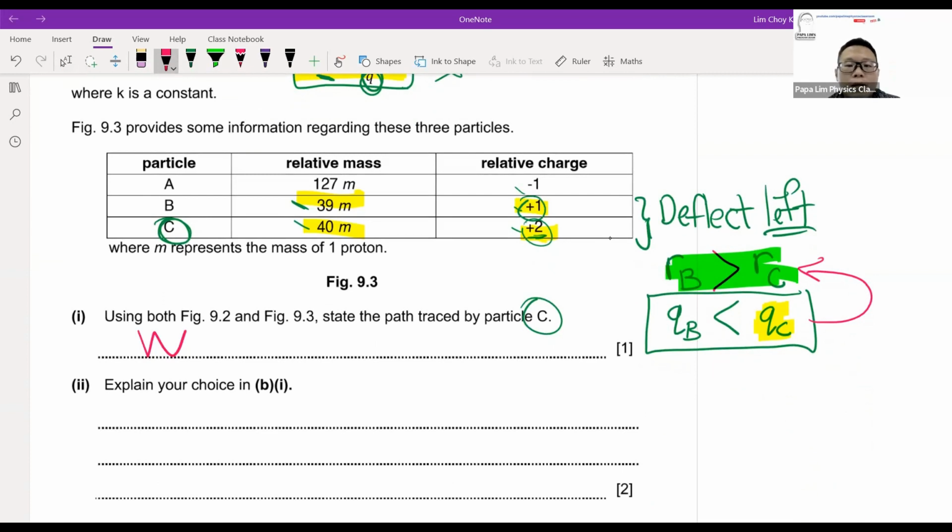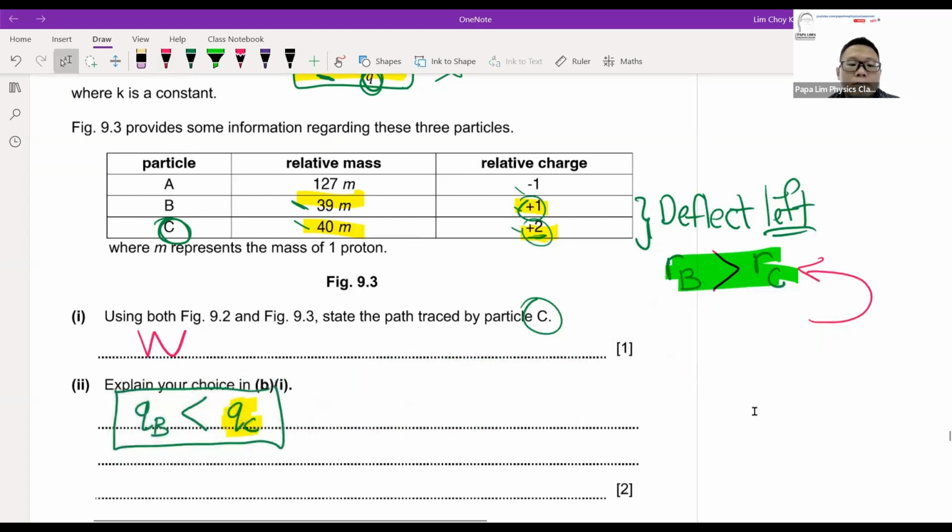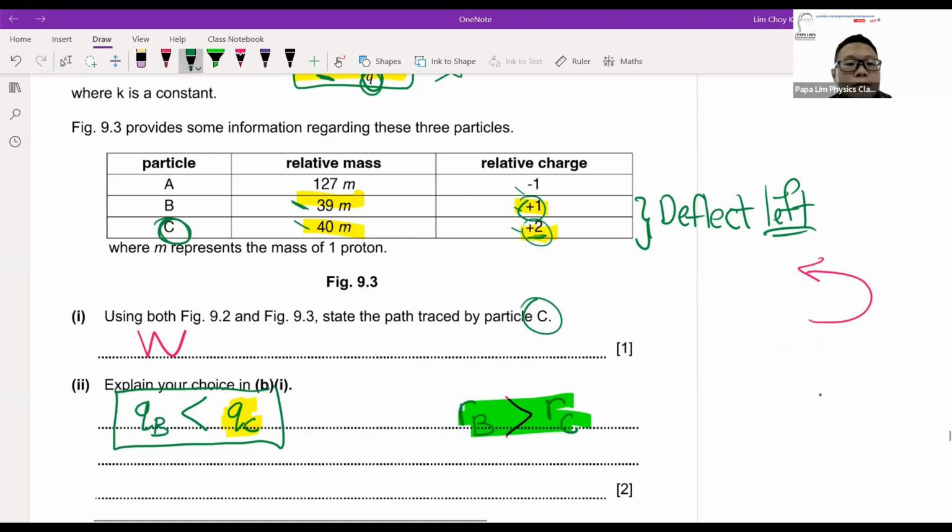Because my charge B is less than Q, and C is double of that, so the radius of B is bigger than the radius of C, based on the formula R is equal to Km over Q.